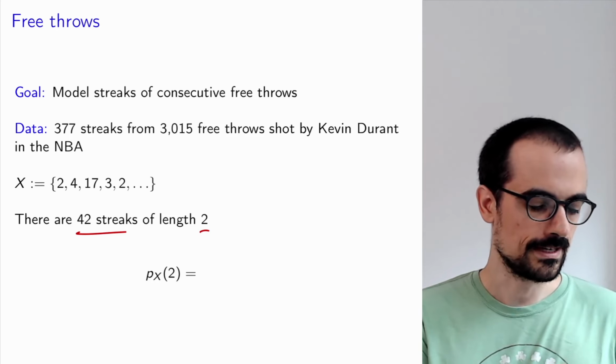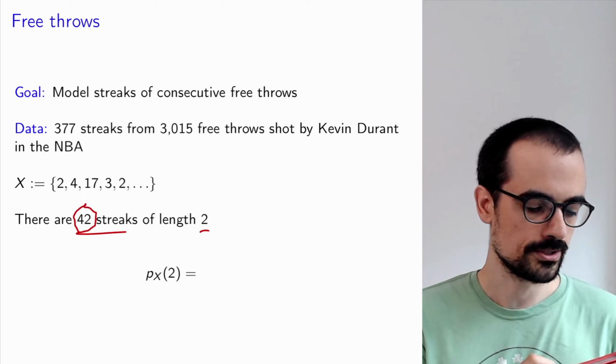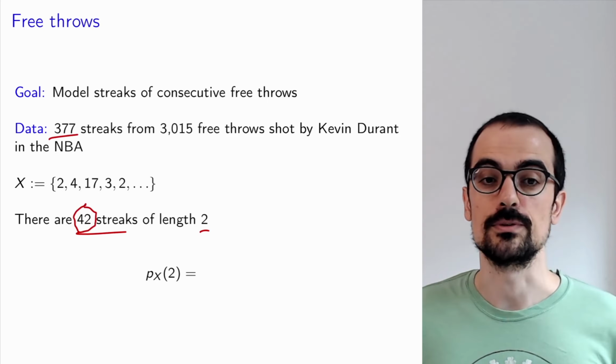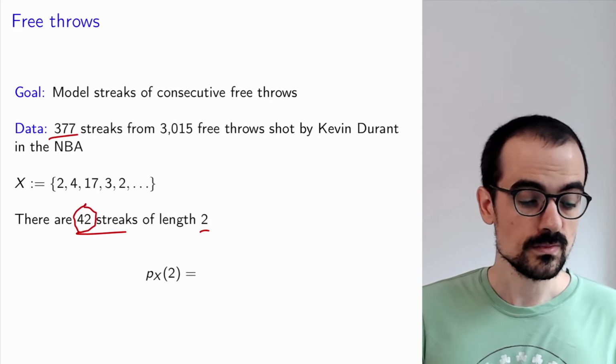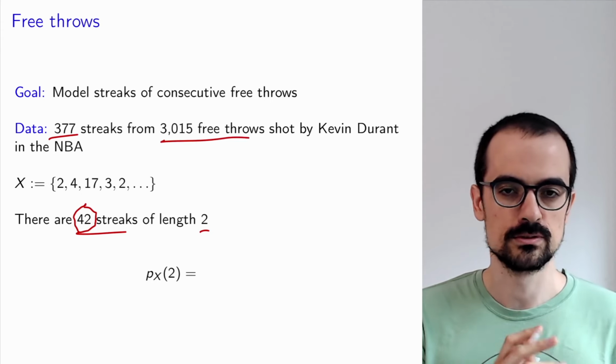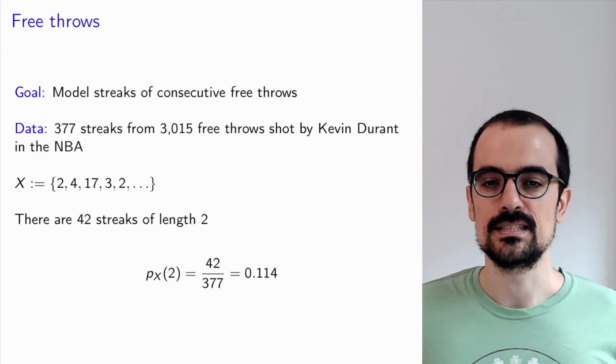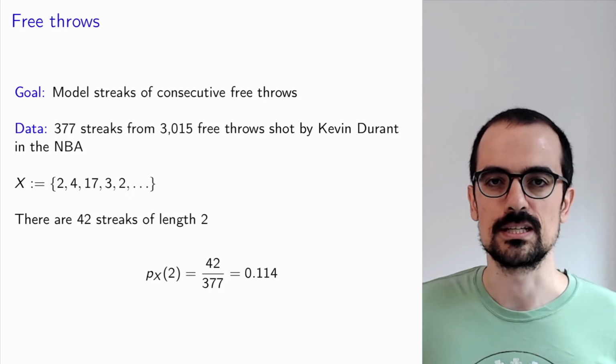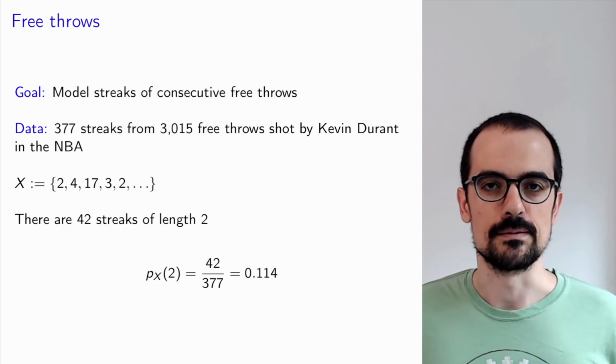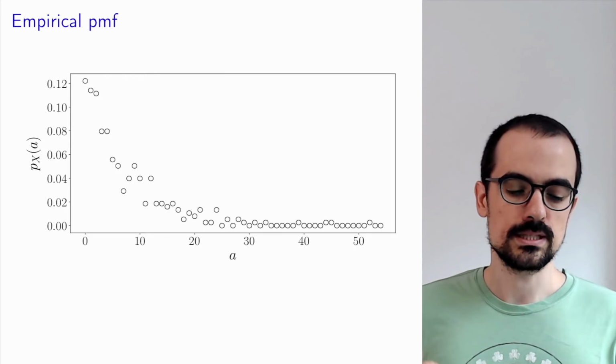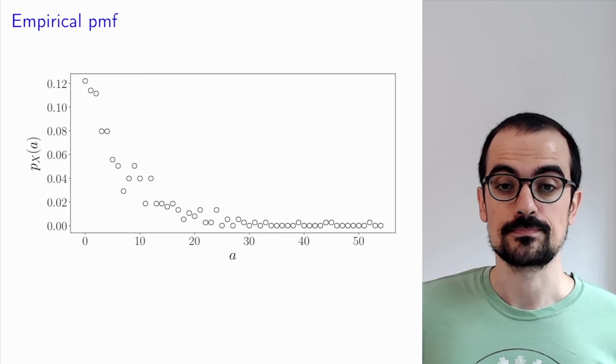Well, we divide the number of times we observe that by the total number of streaks. Here what matters are the streaks, not the free throws. That's important to point out. So the probability is about 11%. So 11% of the time he makes 2 free throws and then he misses. And this is what the empirical PMF looks like.